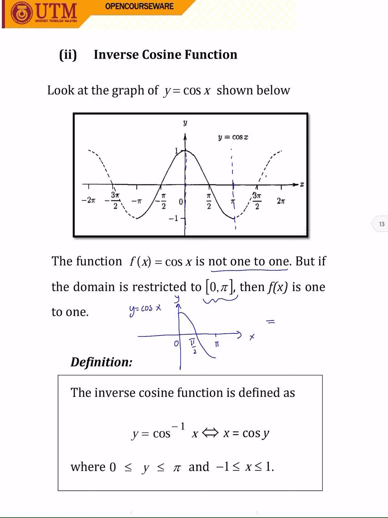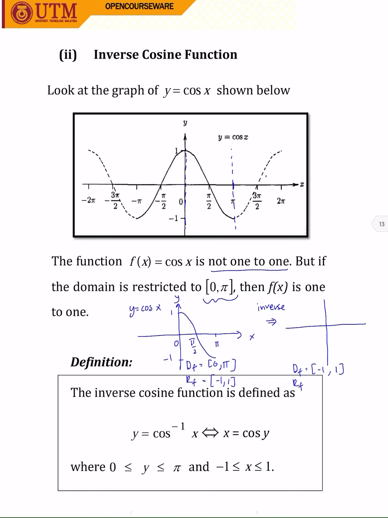Okay, therefore for the inverse, we restrict, since here the domain becomes 0 to pi, and the range, we know that here is 1, here is minus 1, right? So from minus 1 to 1. So for the inverse, we already change, so it becomes the opposite. Okay, the range for cos becomes the domain for the inverse, so minus 1 to 1 here.